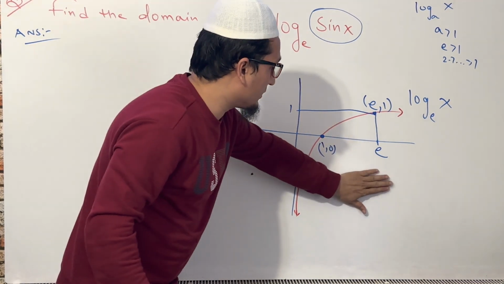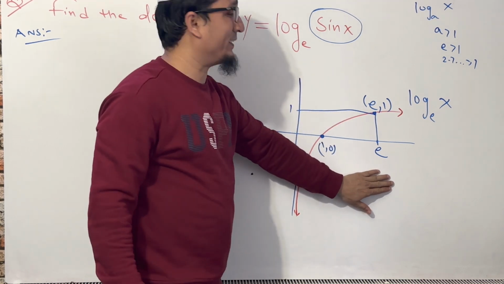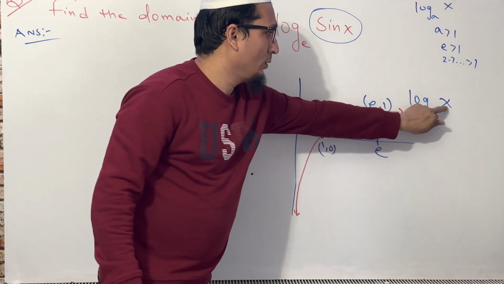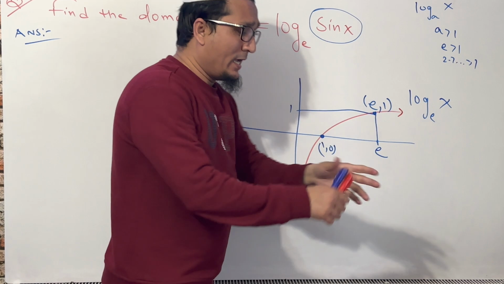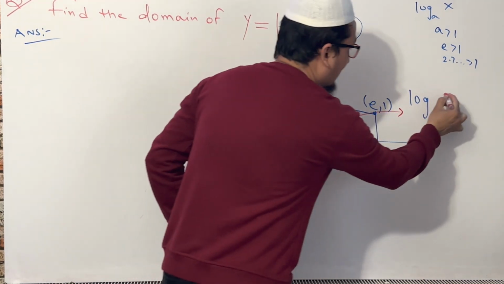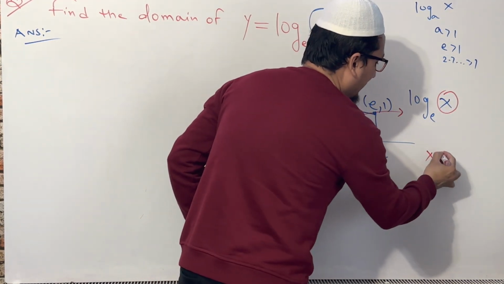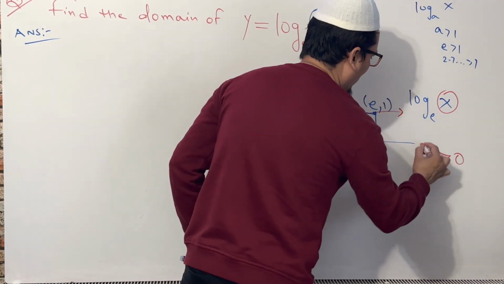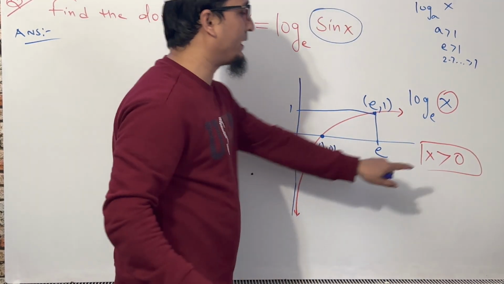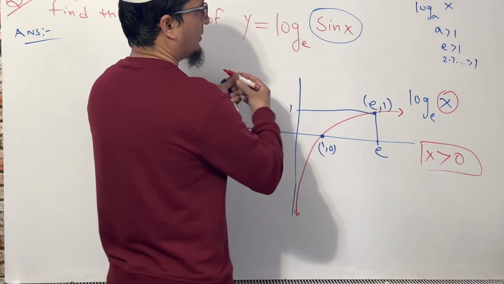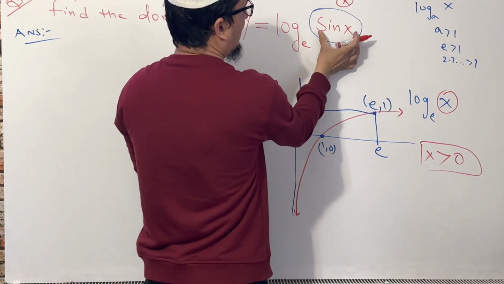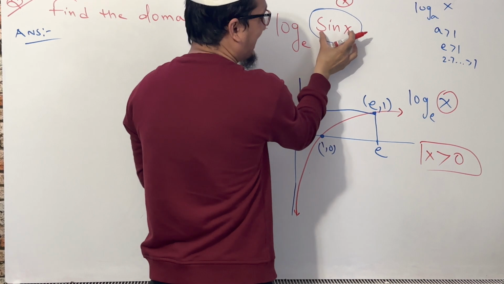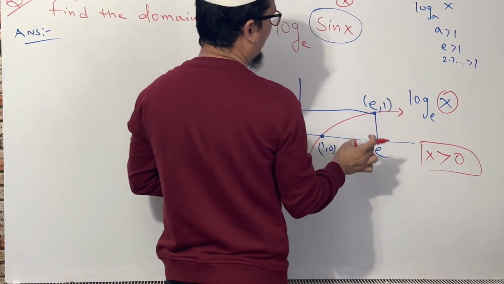So just keep this in your mind: the domain of x I told you, this x must be greater than 0. This is your x, so this means sin x must be greater than 0, right?